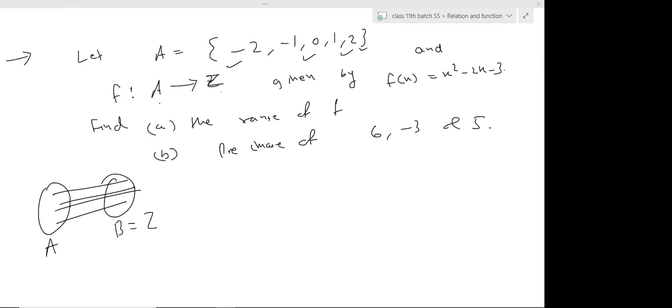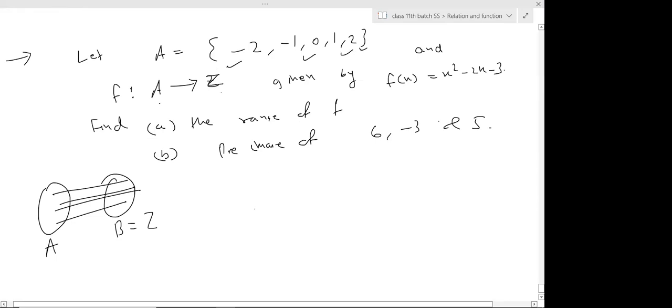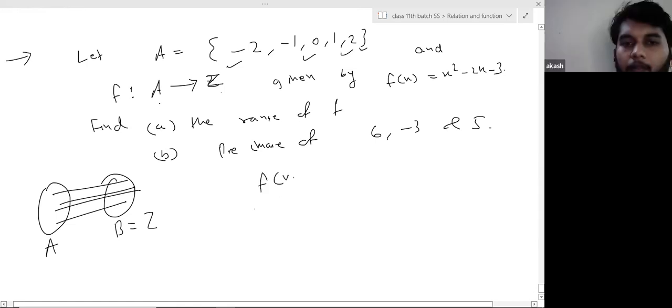Sir, I'm not getting any 6. Let's see how to solve this. We have f(x) = x square minus 2x minus 3. So f(-2) will be (-2) square is 4, plus 4, minus 3.